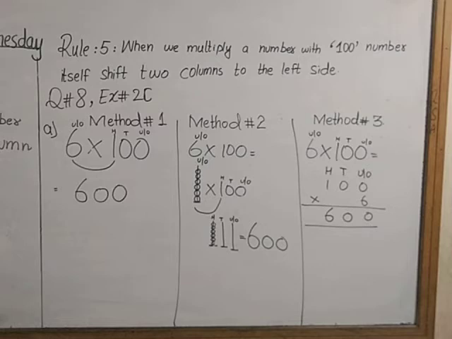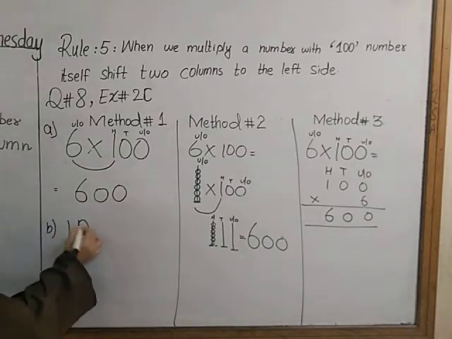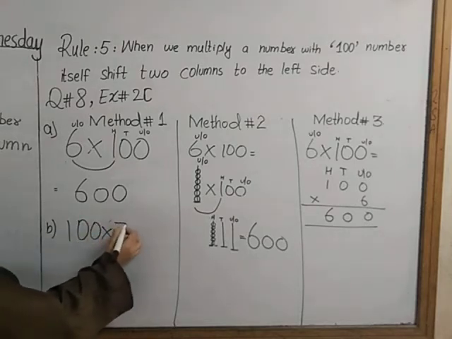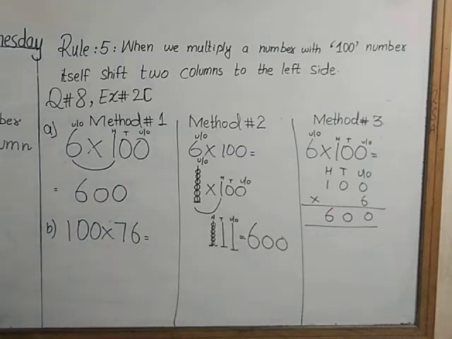Now question number B is 100 multiplied by 76. Now the number is 76.